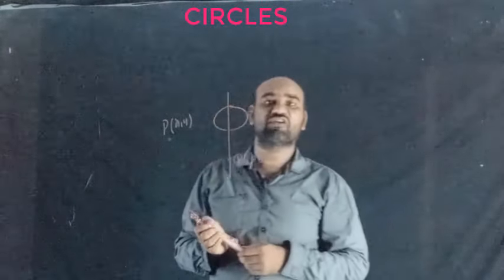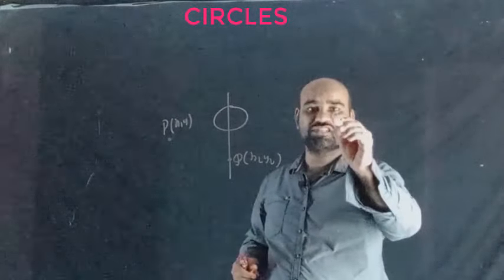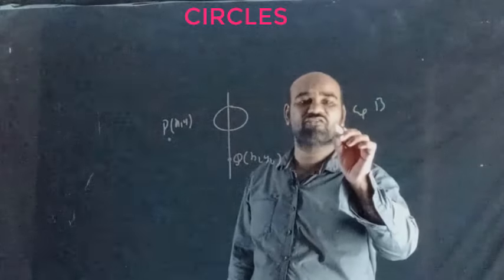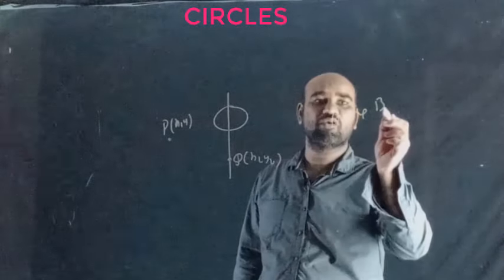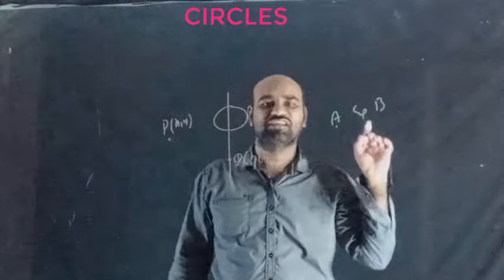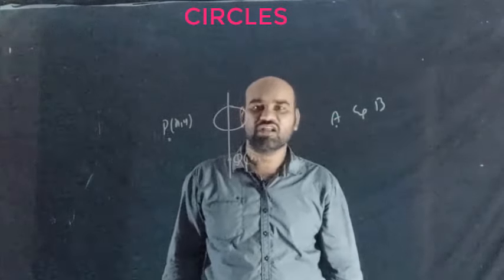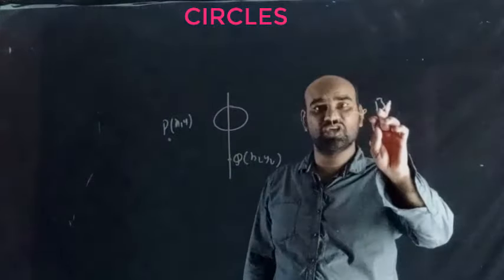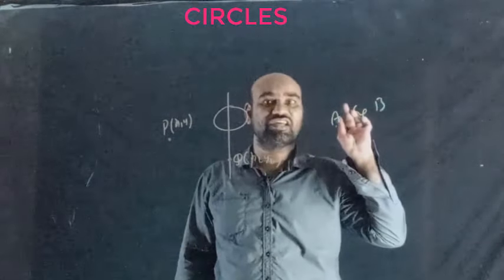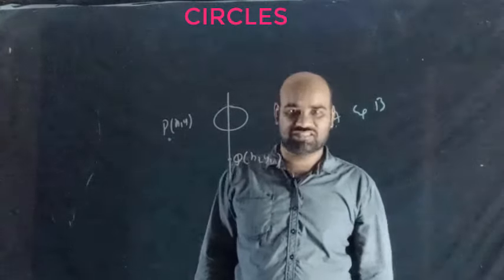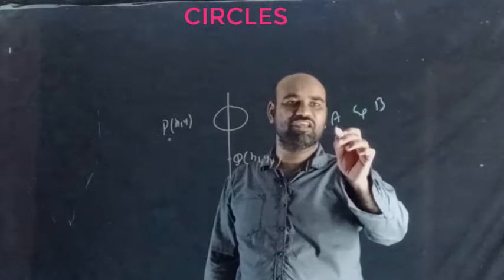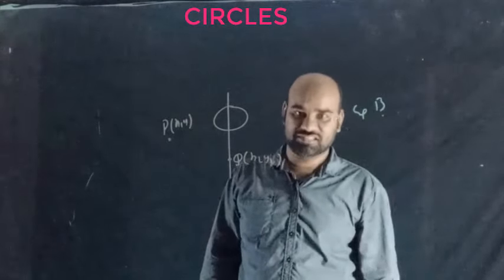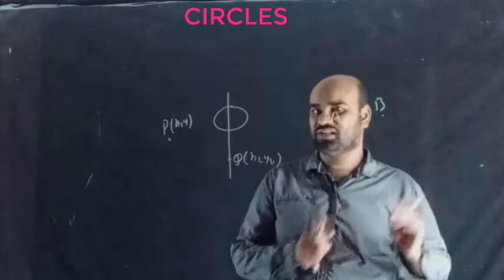Now the definition of conjugate points: two points A and B are called conjugate points if the polar of A passes through B and the polar of B passes through A. One important note: if A and B are conjugate points, then their polars are called conjugate lines. The polar of A passes through B, the polar of B passes through A. Those two lines are conjugate lines. Conjugate points and conjugate lines.